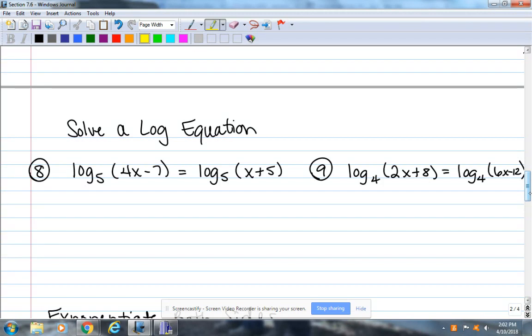If there's already a log on both sides and they have the same base, guess what you can do? Well, you can cancel those out. Now it's a simple Algebra 1 equation: 4x minus 7 equals x plus 5.